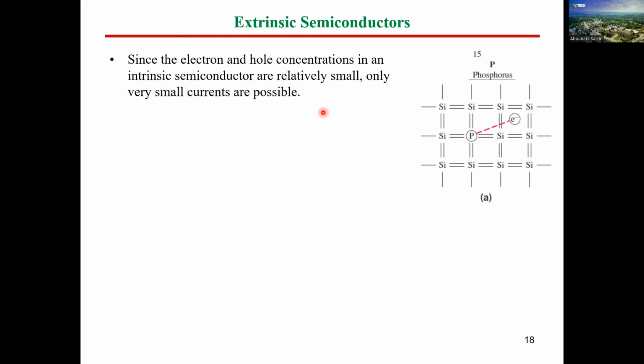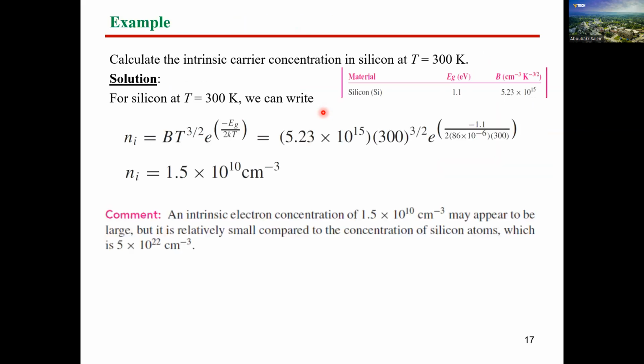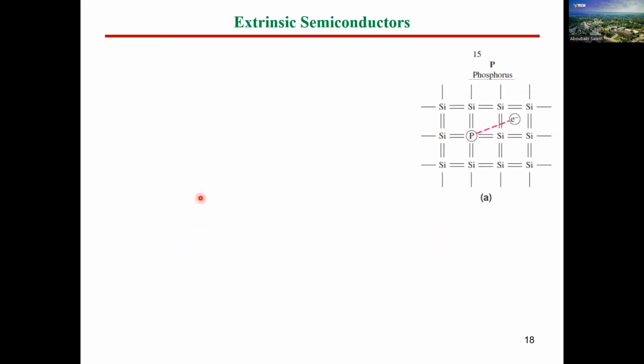So having intrinsic semiconductor material is not enough. We need to add something else in order to allow more current to flow. And we could see the number of concentration compared to the atoms is very small. If you compare 10 to the power 10 to 10 to the power 22, it's a very big difference. So this is not a big number.